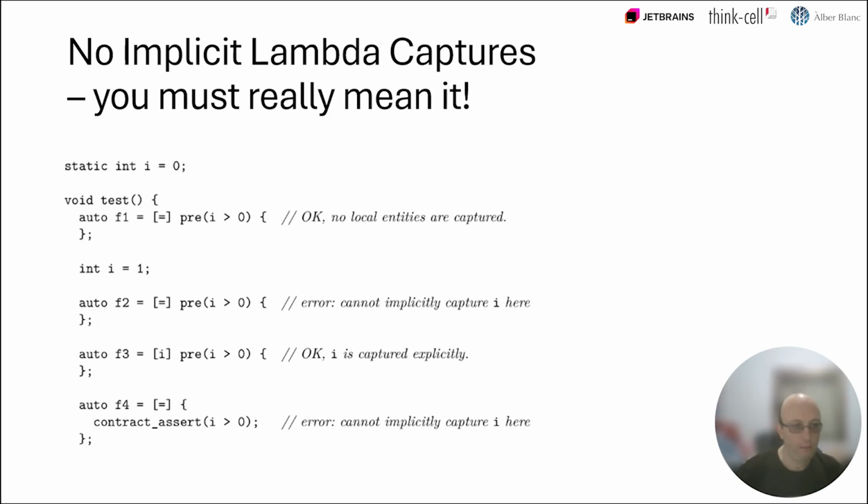In the case of F1, we do have a precondition referring to I. However, I is external to the lambda, so there is no additional capture here, so we're fine. And in case of F3, we are also fine, even though we are causing an additional capture here due to the precondition. I is captured explicitly into the lambda, which would be a little odd actually without the contract.